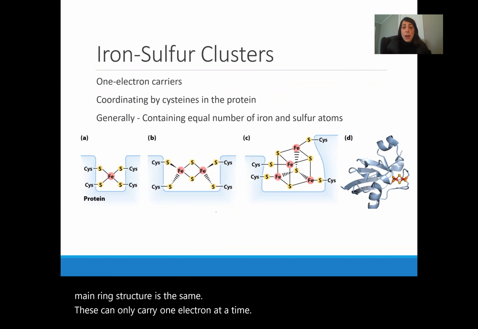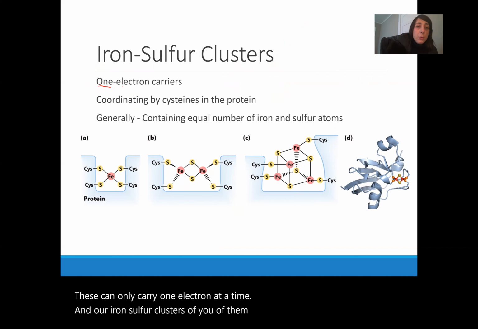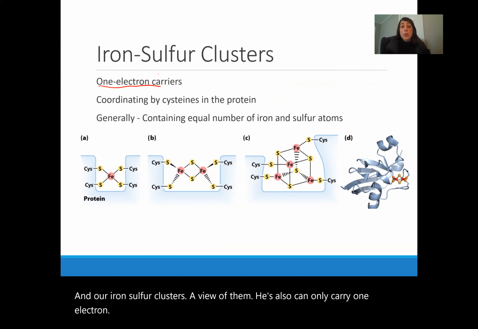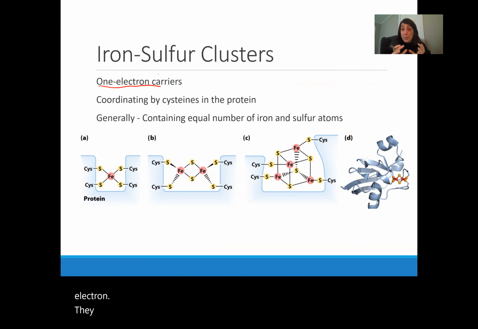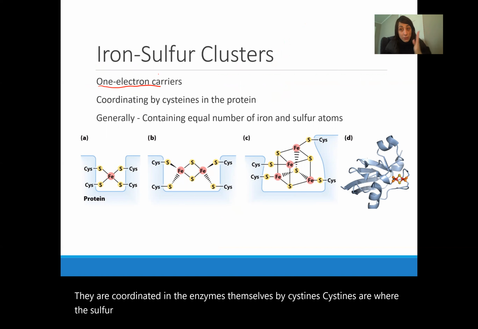And here are our iron sulfur clusters, a view of them. These also can only carry 1 electron. They are coordinated in the enzymes themselves by cysteines. Cysteines are where the sulfur comes from in the iron sulfur cluster.